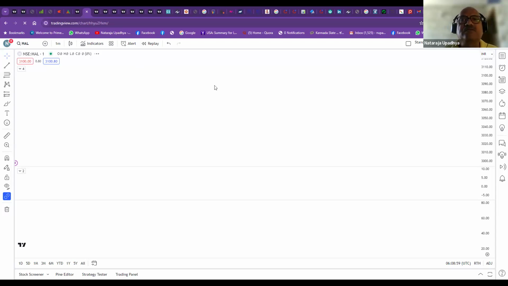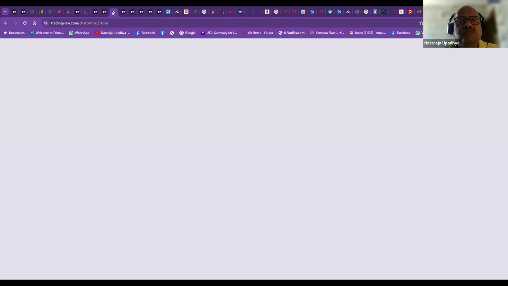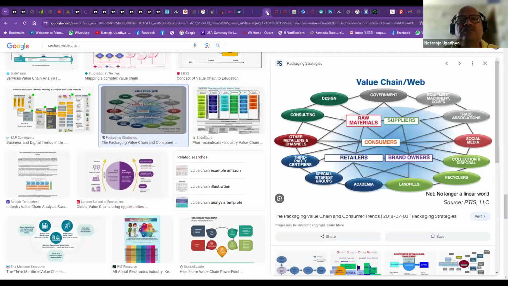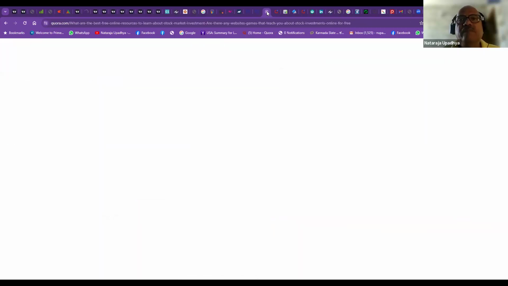I don't know whether it is because TradingView is in some maintenance. Let me see whether I can get something else, some other chart. Also, I will try to close a lot of windows here. It could be because I have too many windows open here. Just hold on.